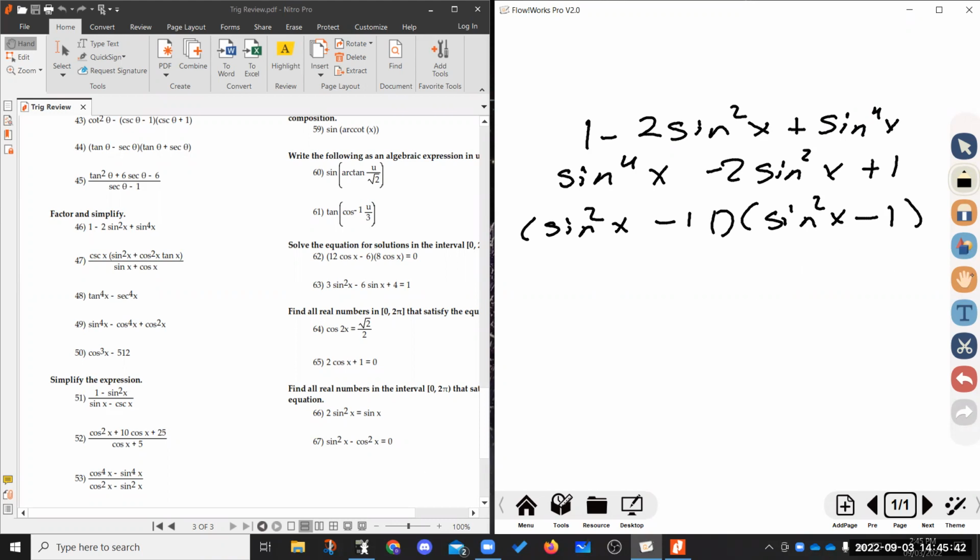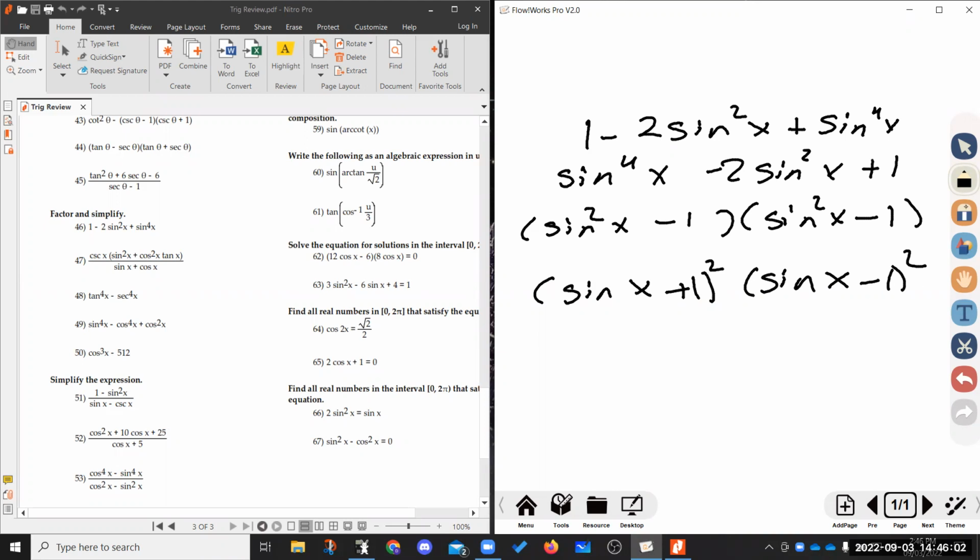So both of those are going to be squared, right? Plus 1, minus 2. So this is going to be sine x plus 1 squared, sine x minus 1 squared. There we go.